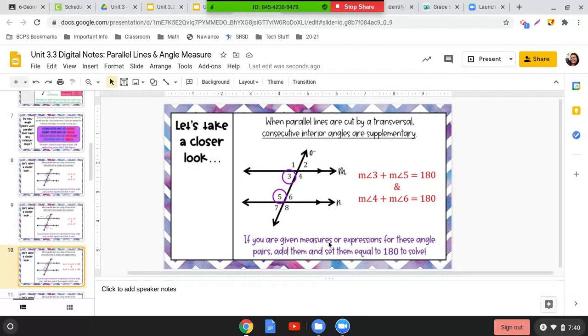So if you're given measures or expressions for these angle pairs, you add them and set them equal to 180 degrees to solve.